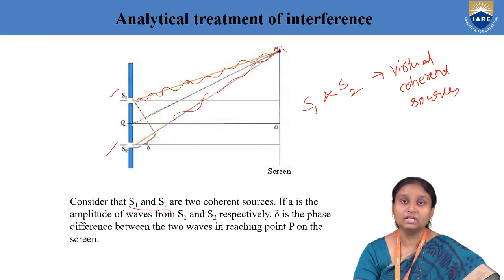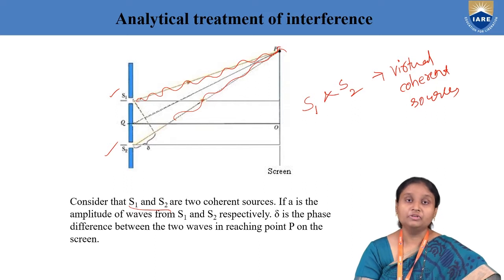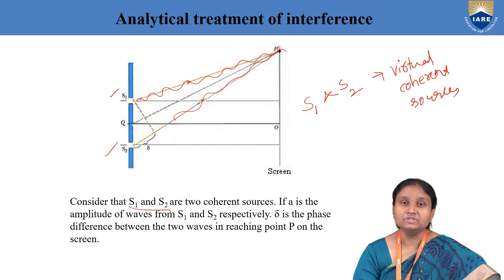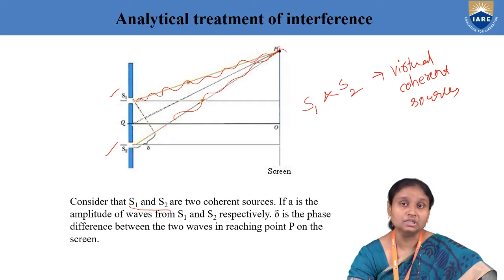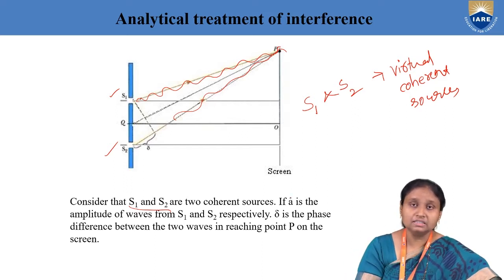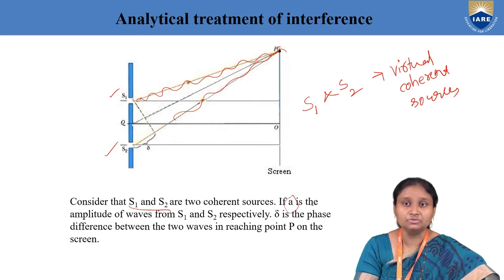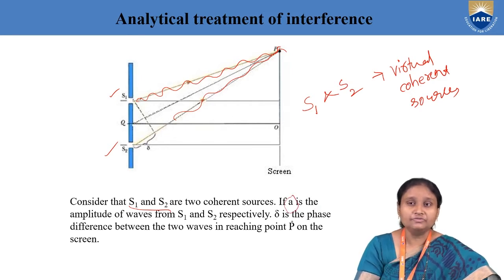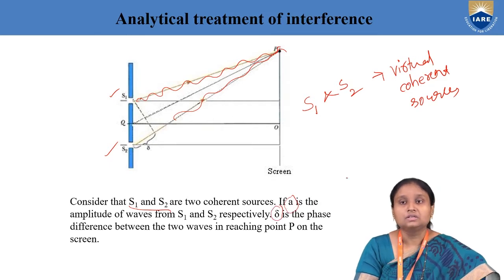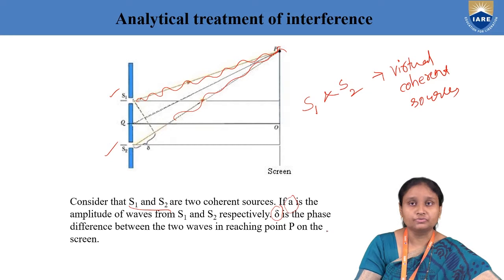So we are taking two different waves coming from these two different coherent sources S1 and S2, starting from the midpoint of their respective sources, but reaching the same point on the screen. One more thing we have to consider here is that these two waves have the same amplitude A. And the phase difference between these two waves we are giving by delta.